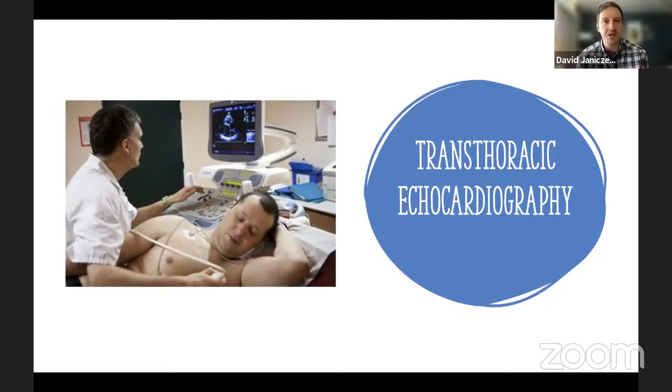It doesn't really hurt the patient. There's very, very little risk, if any. And so this is usually the first step in taking care of these patients, getting what we call a TTE, a transthoracic echo, and just getting a sense of what their heart's doing. We can tell how well it's squeezing. If there's valve issues, we can tell that, everything like that.